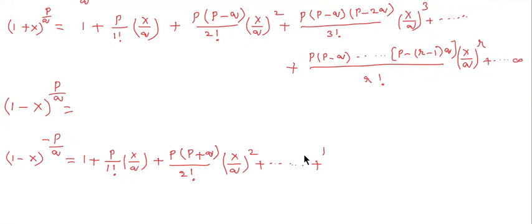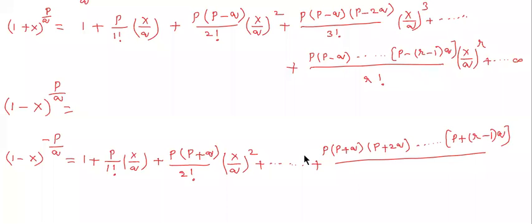So I am writing general term p, p plus q, p plus 2q, and so on, p plus r minus 1 into q divided by r factorial into x by q whole power r plus and so on infinite. This is 1 minus x whole power minus p by q.